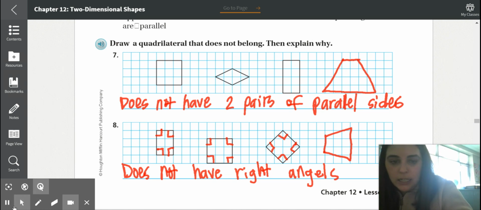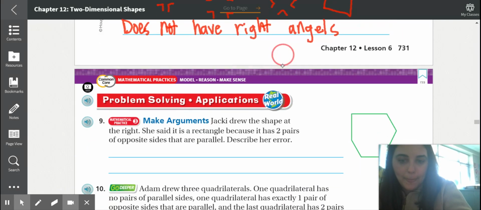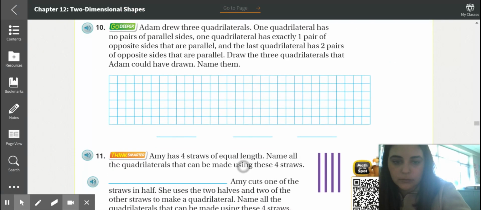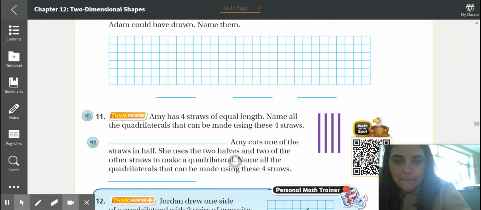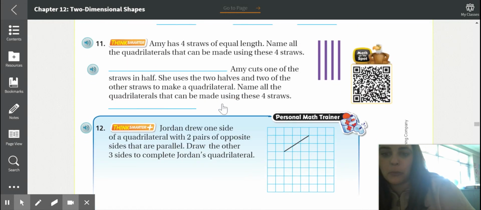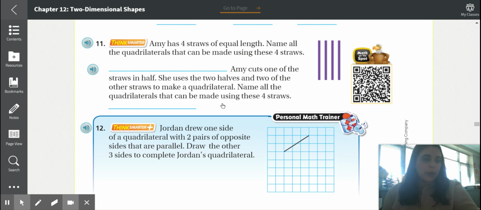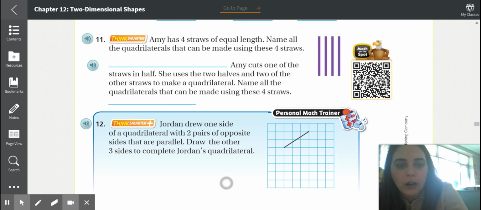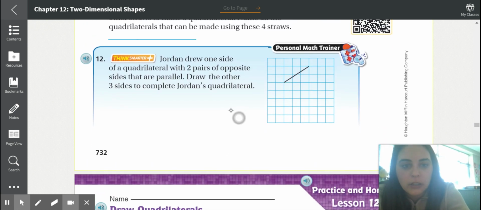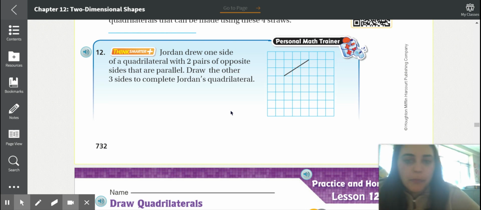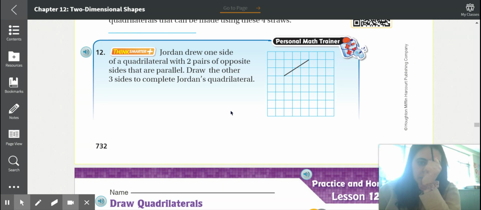All right. Okay, that's where, let's skip to number 12. So I want you to turn your page and go all the way to number 12. All right, let's read this problem together. Jordan drew one side of a quadrilateral with two pairs of opposite sides that are parallel.